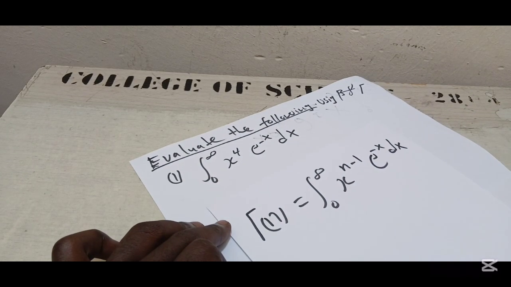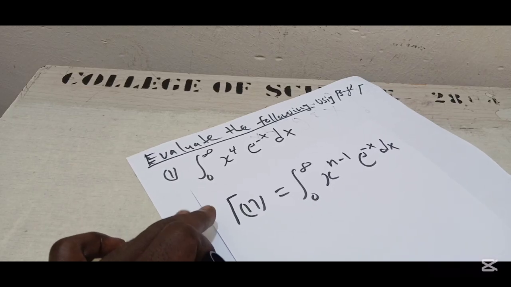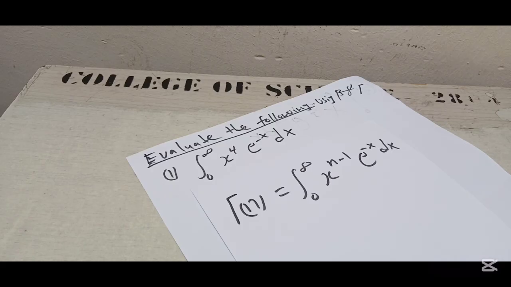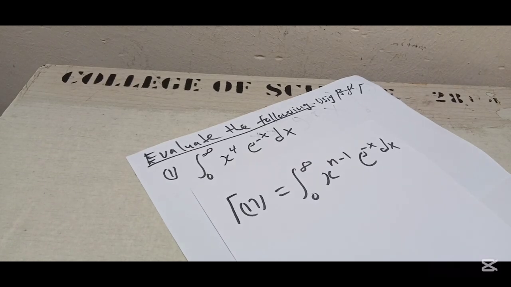Like I said earlier, the reason we are treating gamma functions is that these functions help us to evaluate some integral problems with ease. So the moment the integral problem has a limit from 0 to infinity, try applying gamma functions.